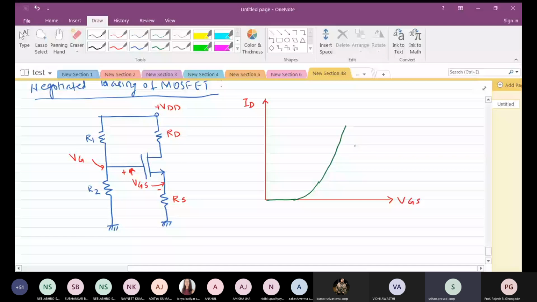This is going to be your VT, and then I'm going to have the load line. We have seen it already.